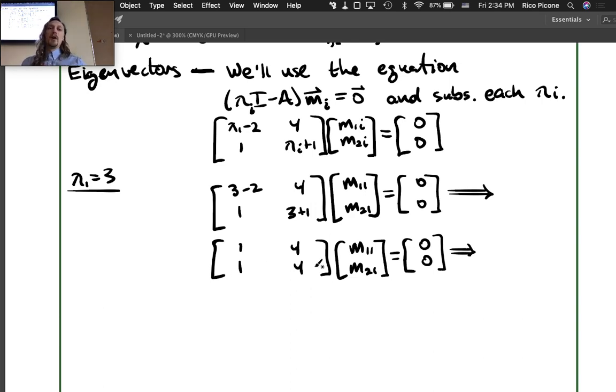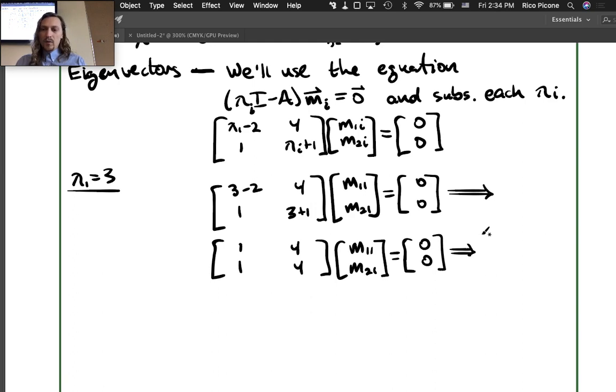The first row gives us one equation and it's identical to the other equation. It could also be any scaling of the original equation. Even if you multiply the first row by 10, 10 times m11 plus 40 times m21 equals 0 is the same equation. So it doesn't matter which one you do.